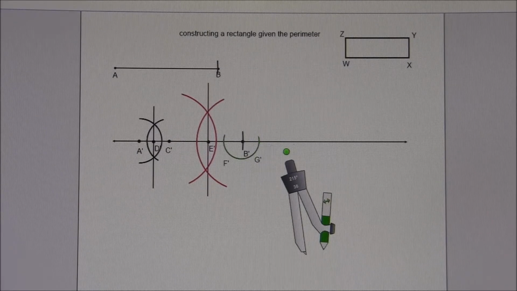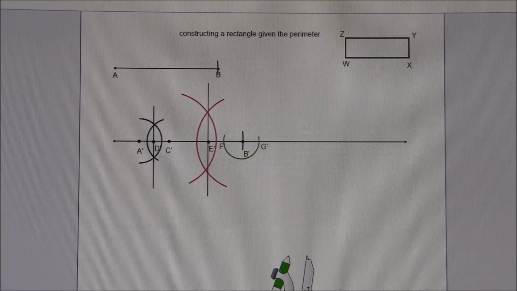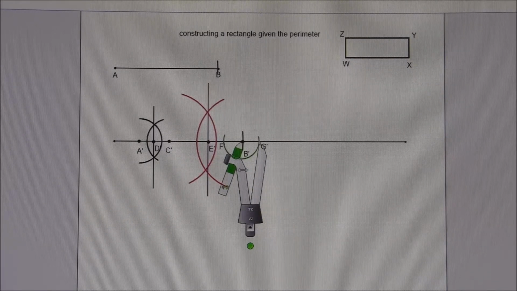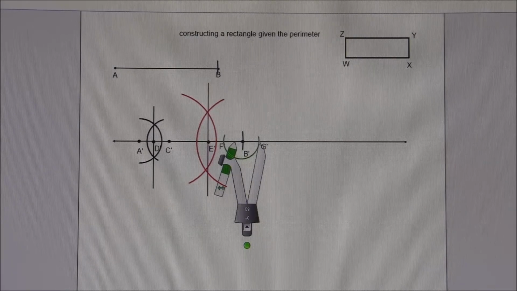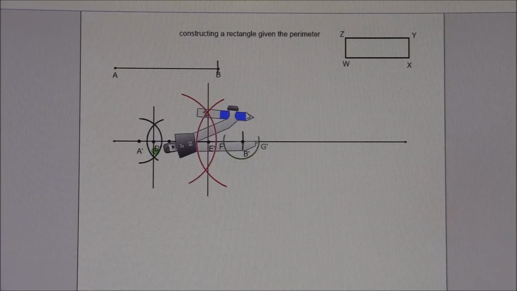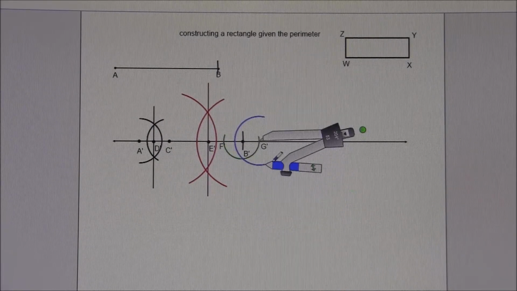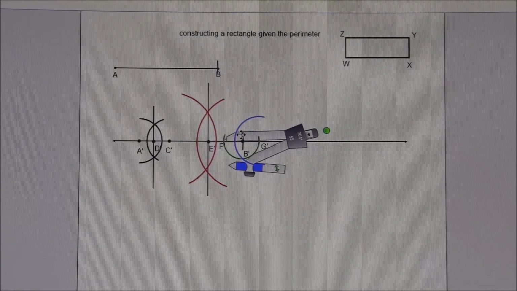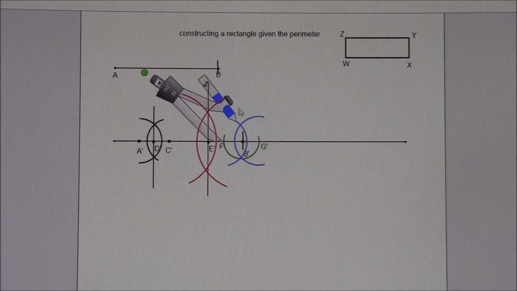And so the purpose again is to bisect this line segment F prime G prime. Alright, so I want to bisect it, which means more than halfway. Let me get a different color. Let's go with blue. More than halfway. Arc from here, arc from there.